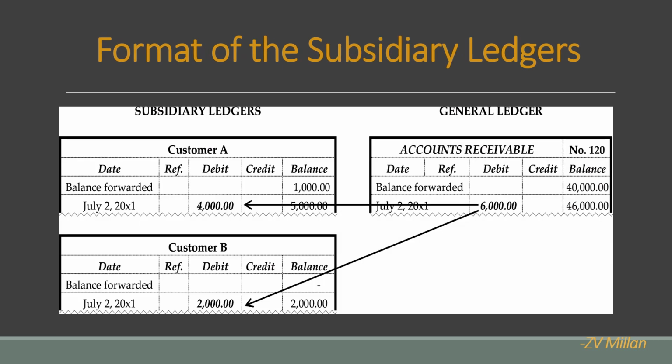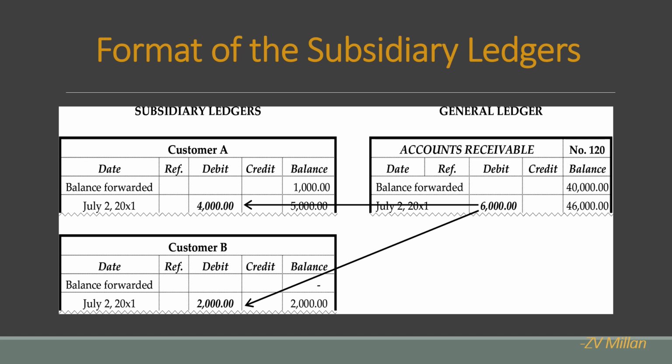So what about the subsidiary ledgers? This is the general format of the subsidiary ledgers. It is actually the same as the general ledger format. However, it is illustrated in detail. So whatever is the account balance of the controlling account that is posted in the general ledgers, it is broken down in detail with the use of subsidiary ledgers.